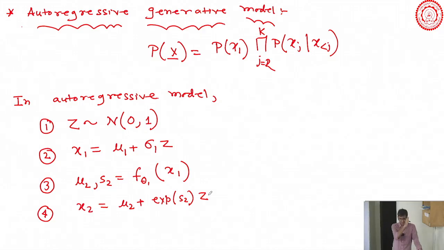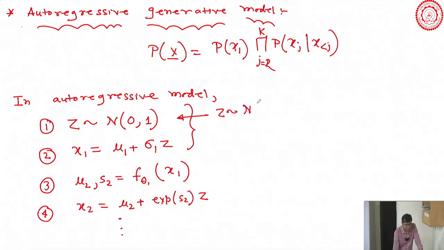And then you can continue like that. Now, if you say these 2 steps, or maybe only this step, this is like drawing Z from Gaussian of 0 and 1, which is exactly like the first step of normalizing flow during inference. You draw from Gaussian.